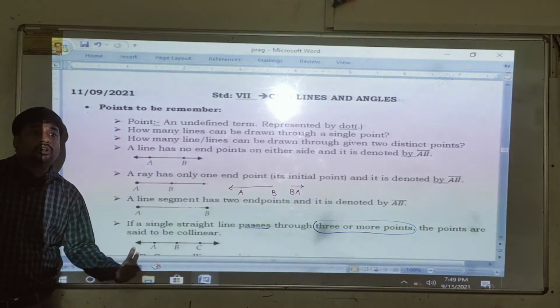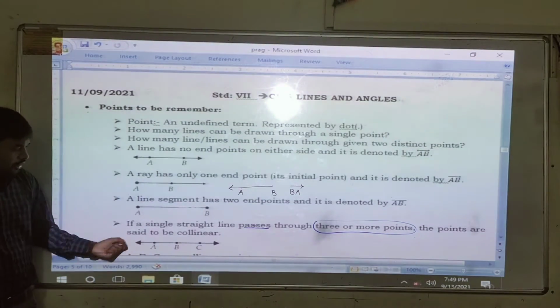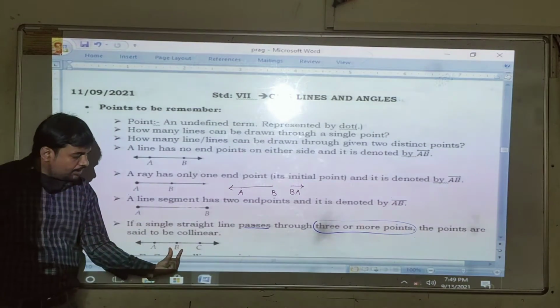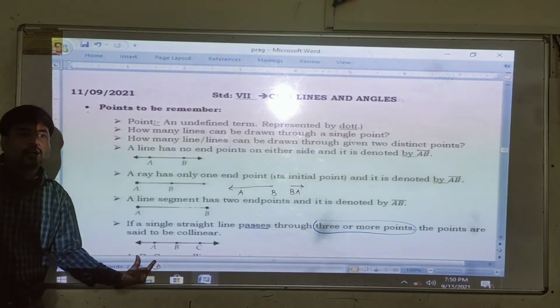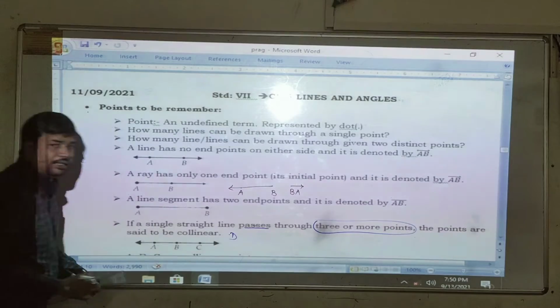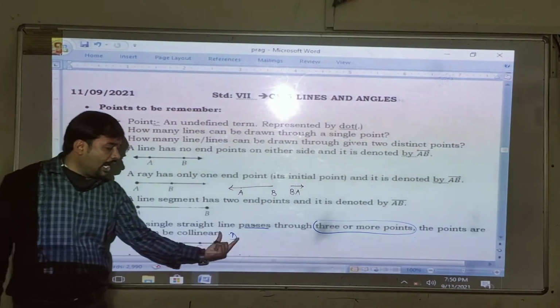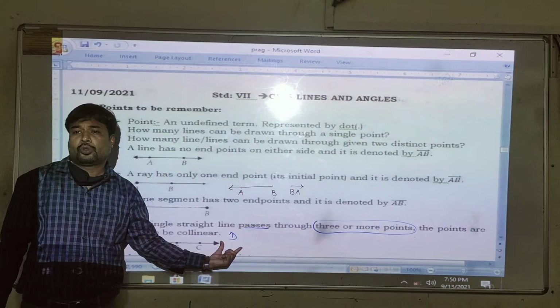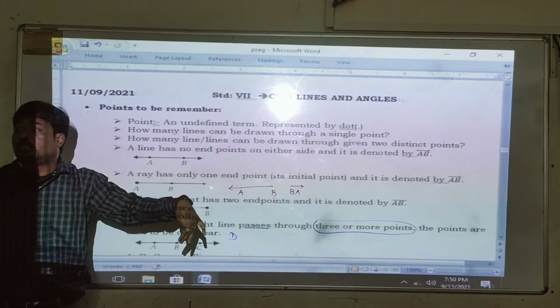They are lying on the same line. That's why they are collinear. So here we can say that A, B and C are on the same line. Therefore these points are collinear. But if I consider D somewhere outside, then A, B, C and D are non-collinear. Why? Because one point is not on the line.